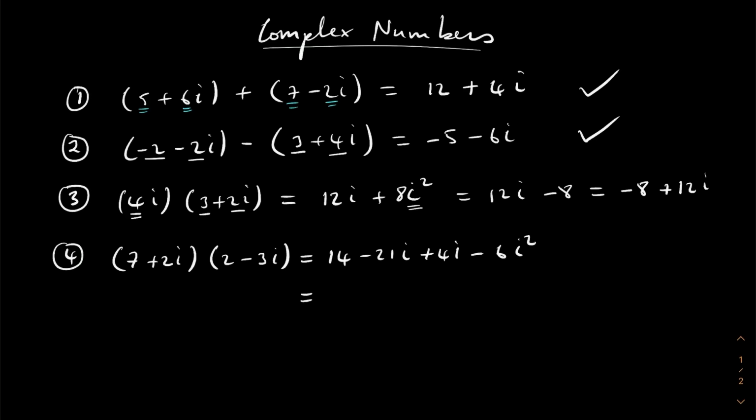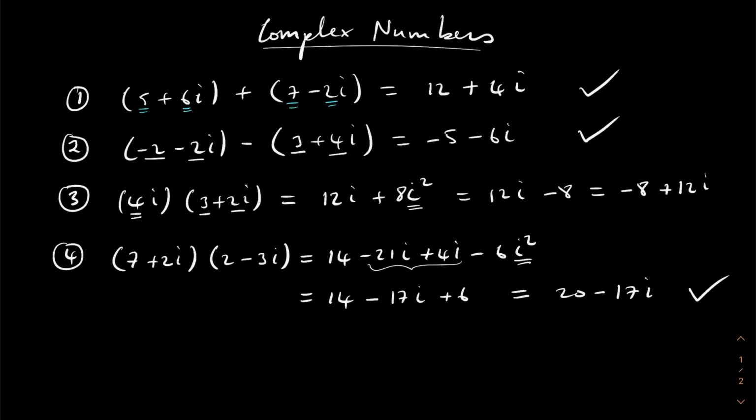And so now you're going to have 14. And then the middle terms here, -21i and 4i would add together and then give you -17i. And finally at the end here, the i squared is seen as -1. And so that's going to make the -6i squared just equal to 6 positive. And so you're going to have 14 plus 6 equal to 20 minus 17i. And you're done for this one.